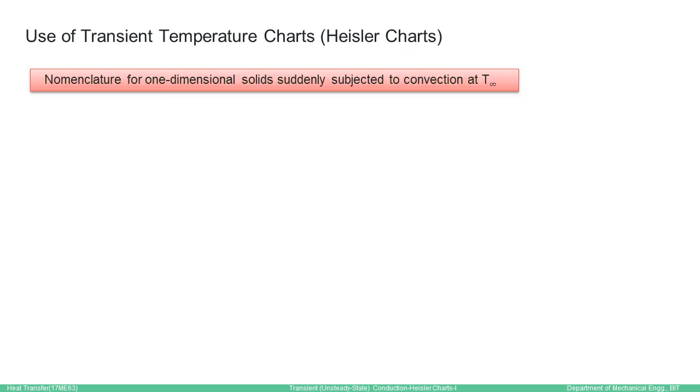We need to understand the nomenclature used for one dimensional solids which are suddenly exposed to convection at T infinity, so that we can understand the use of transient temperature charts completely.